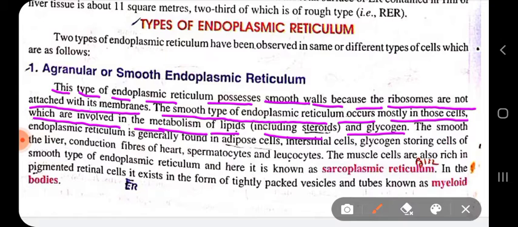So they are mainly involved in metabolism of lipids including steroids and glycogen.